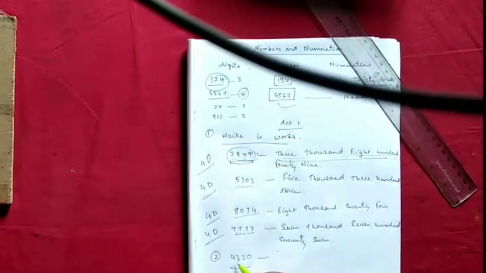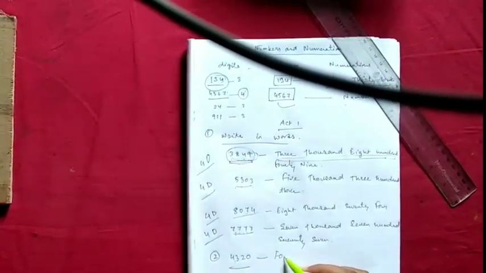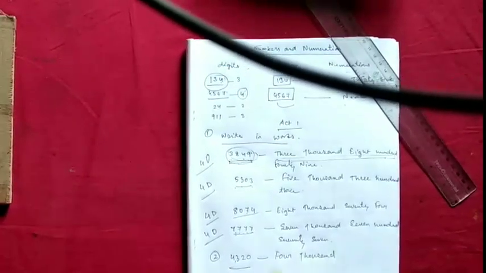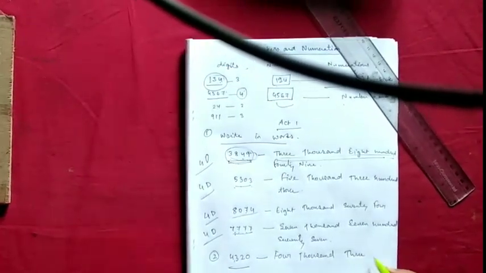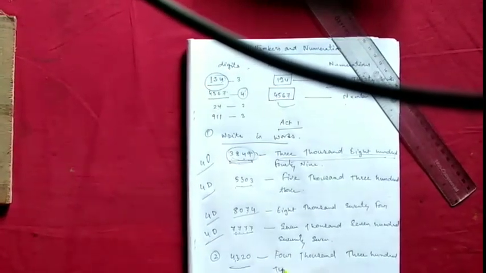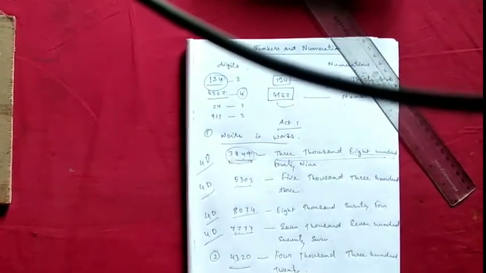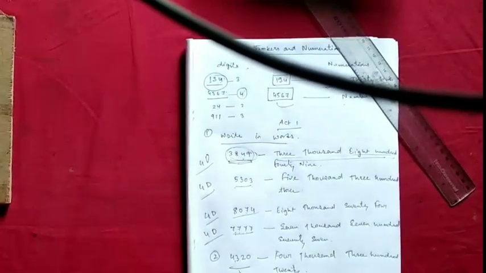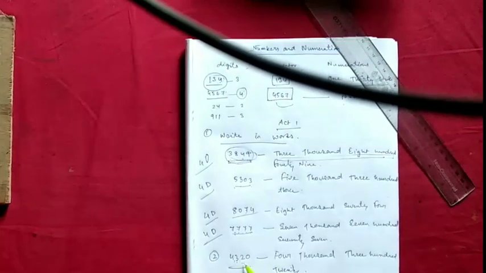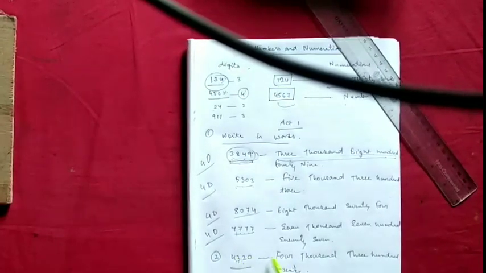Just you write 4,320. This is called number name.